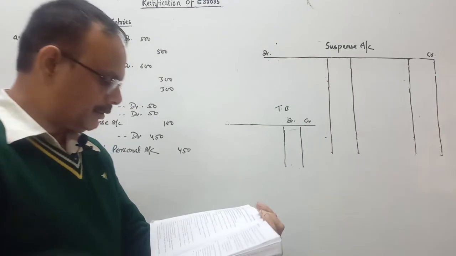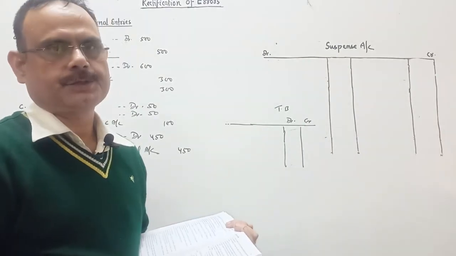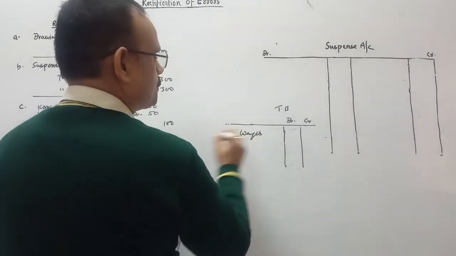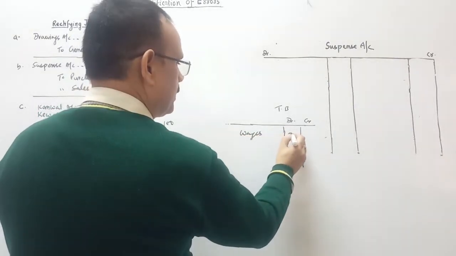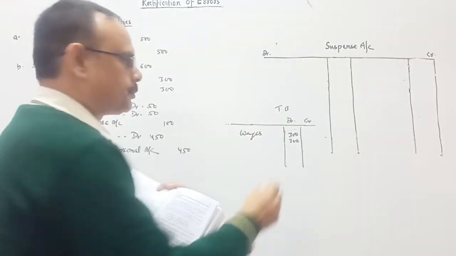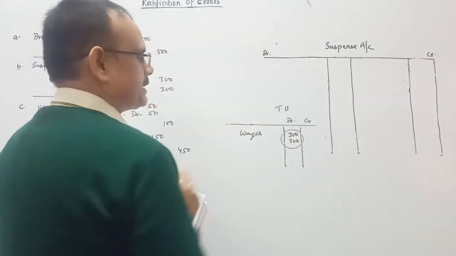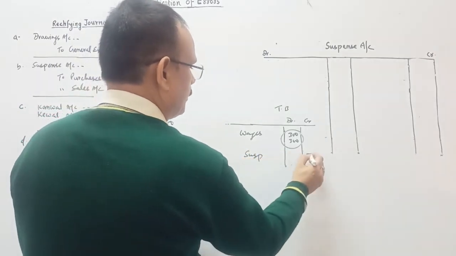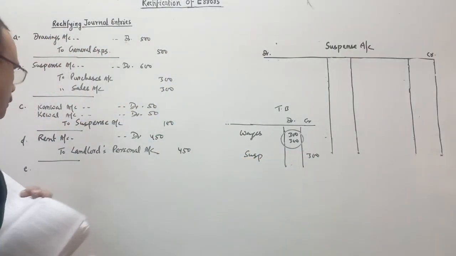Wages paid for the month, 300, was posted twice. Wages is posted twice. 300 and 300, which means 600 we have posted in the debit side. So suspense will be in the credit side, 300. So what we'll do?